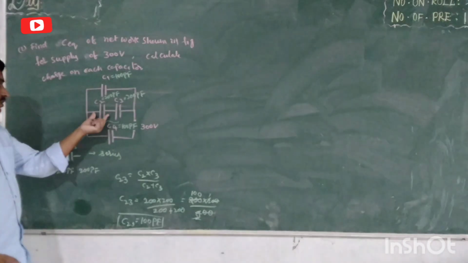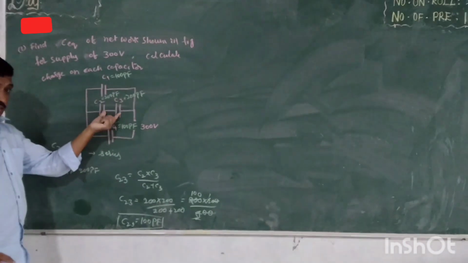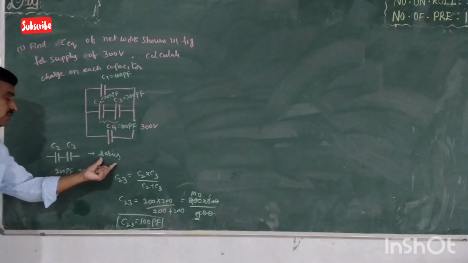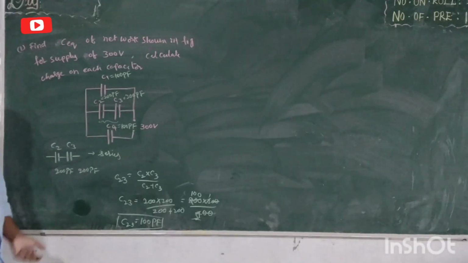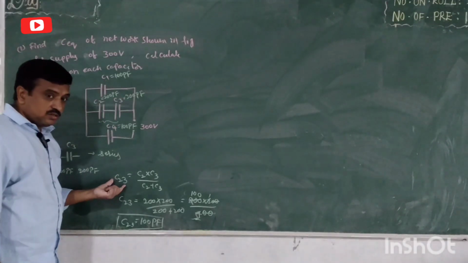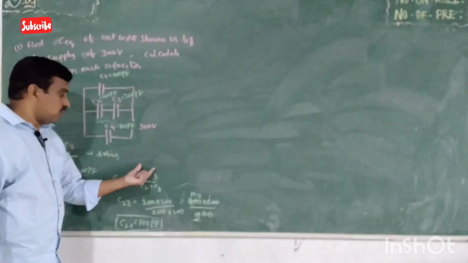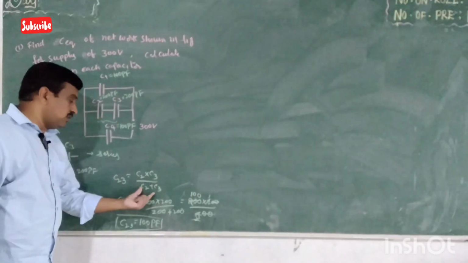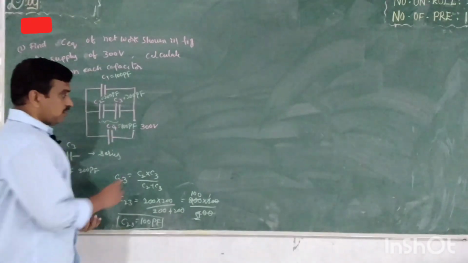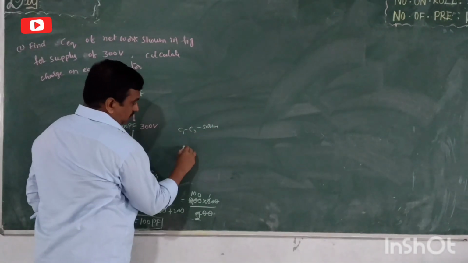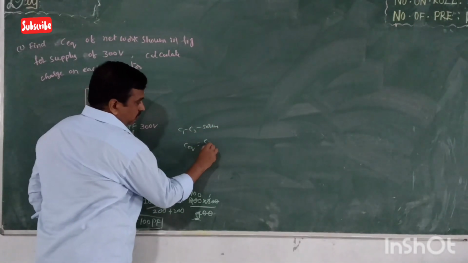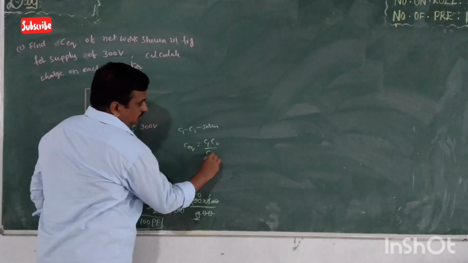C2 and C3 are connected in series, 200 picofarads and 200 picofarads. For a series connection, the formula for two capacitors is C equivalent equals C1 C2 by C1 plus C2.